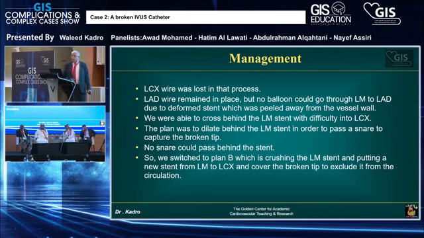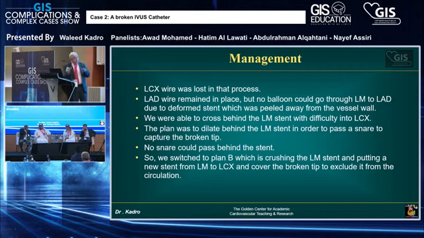Okay, so while we were pulling, we lost the wire from the circumflex. The LAD wire remained in place, but no balloon could go through from the left main to the LAD. Probably because we moved the stent and peeled the stent from the left main, it was already deformed. So we were unable to cross from the left main to the LAD. We were able to cross behind the left main stent, because the stent had moved, and enter the circumflex.